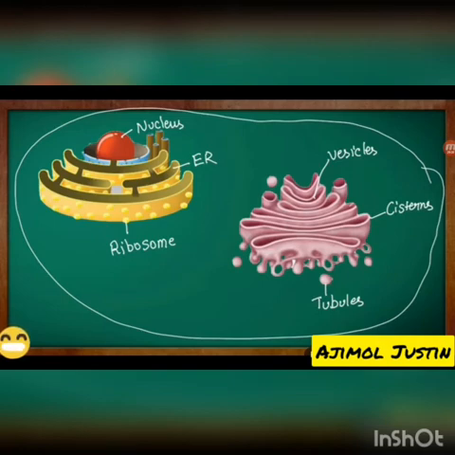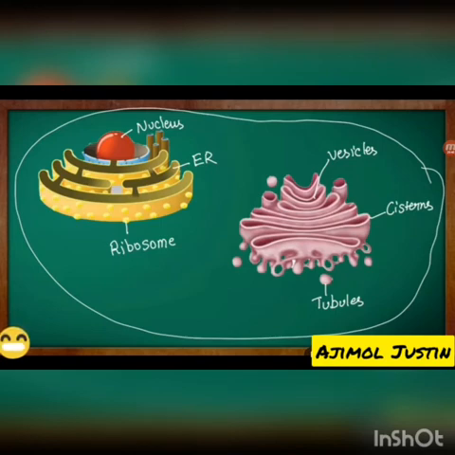In certain parts of this endoplasmic reticulum, these ribosomes are absent. So they are the smooth endoplasmic reticulum, and where ribosomes are present, they are called the rough endoplasmic reticulum.